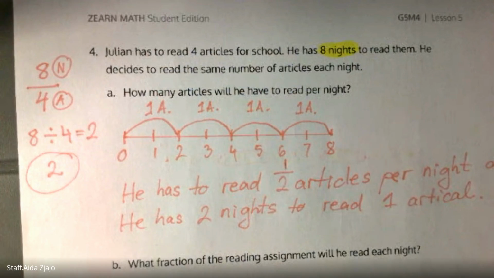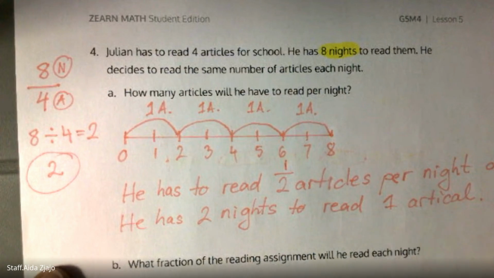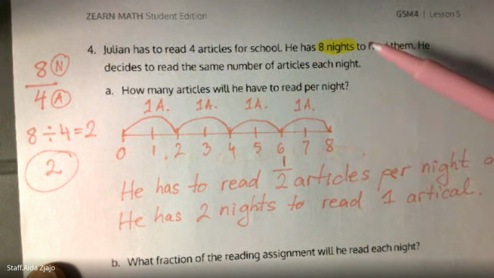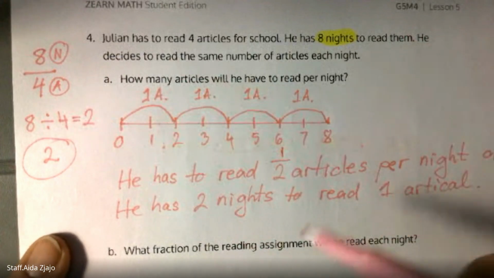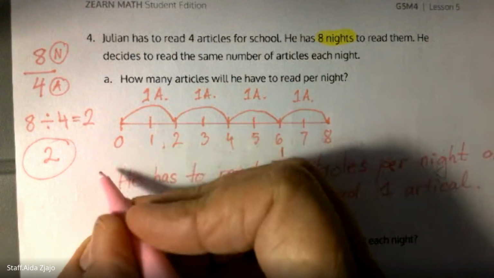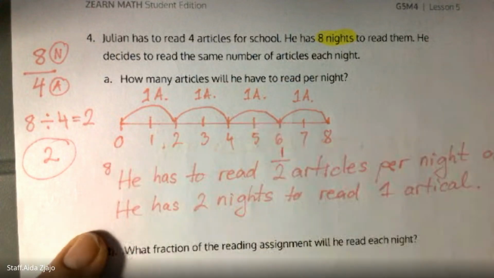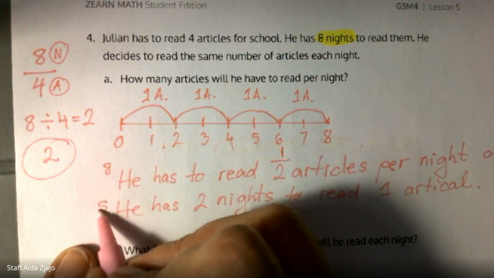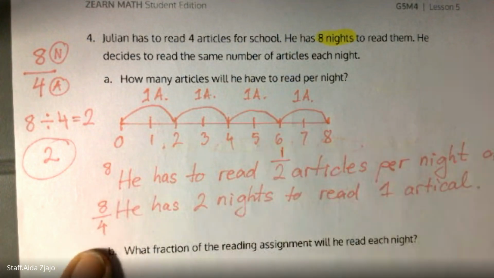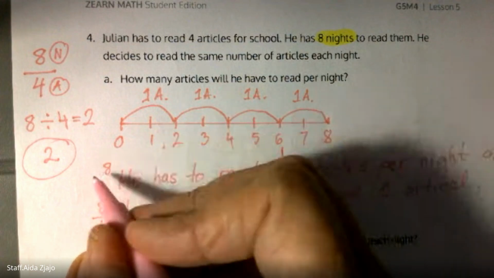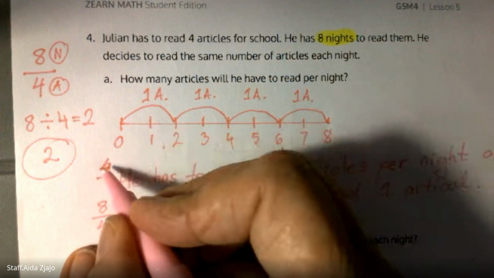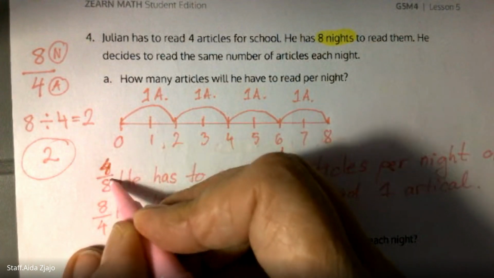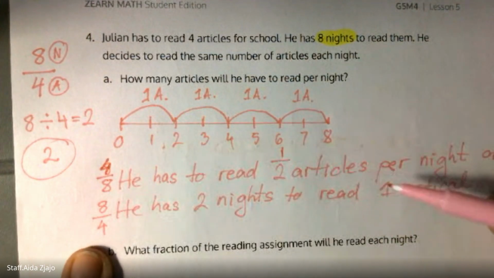In this case, you can think about whatever you like to put. If you like to see 8 nights divided into 4 articles, this would be that. Or if you think of 4 articles divided into 8 nights, that would be the answer here.